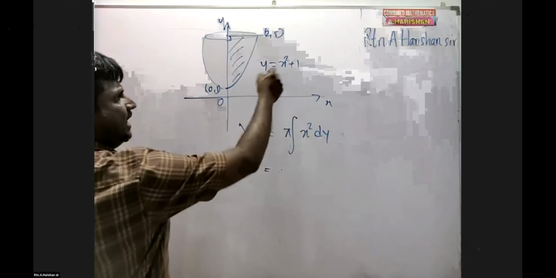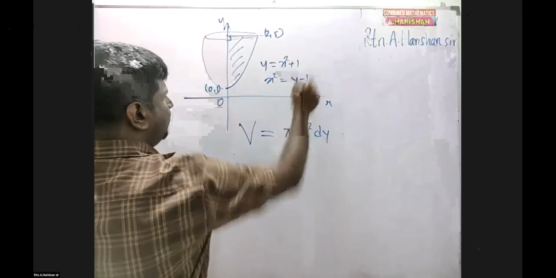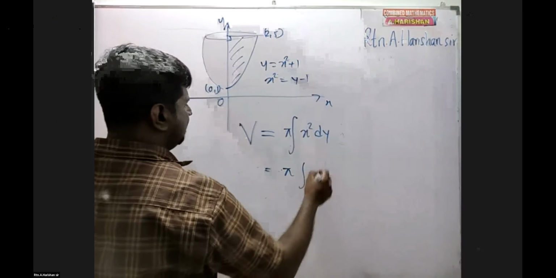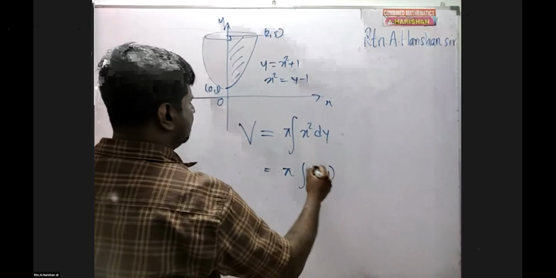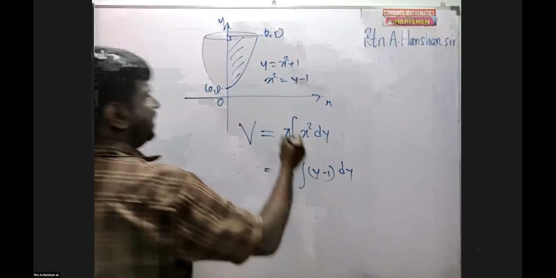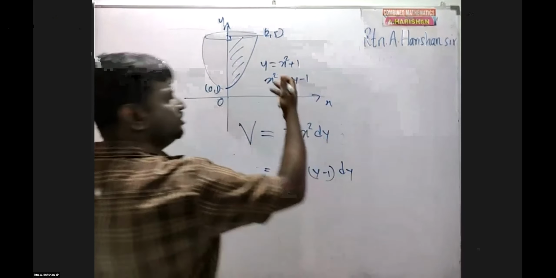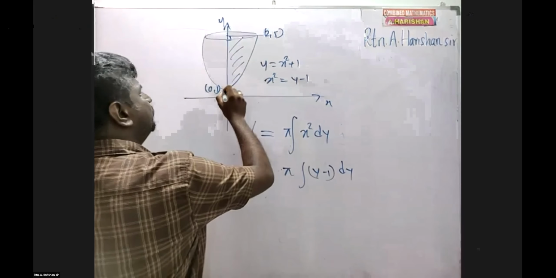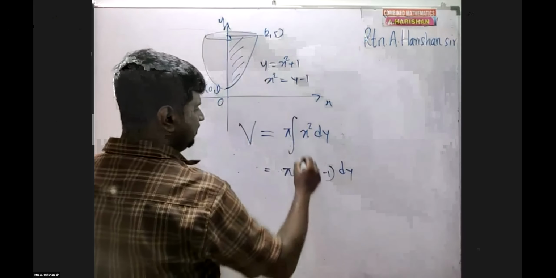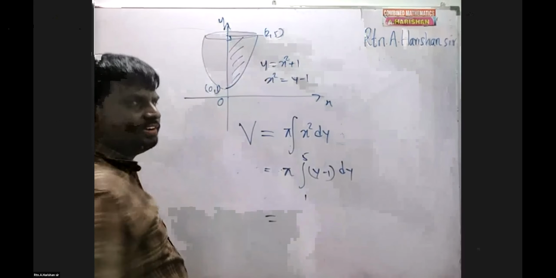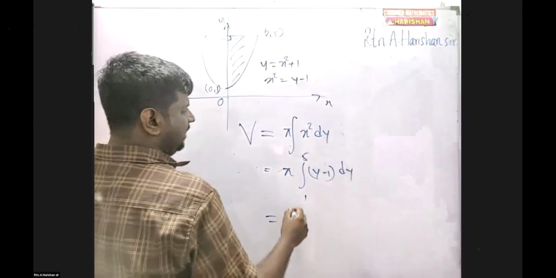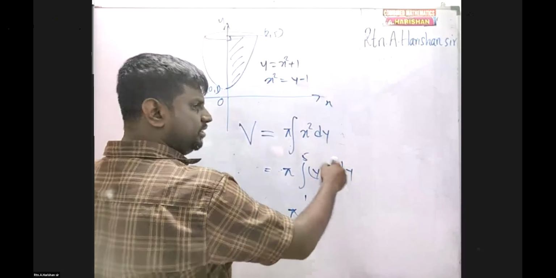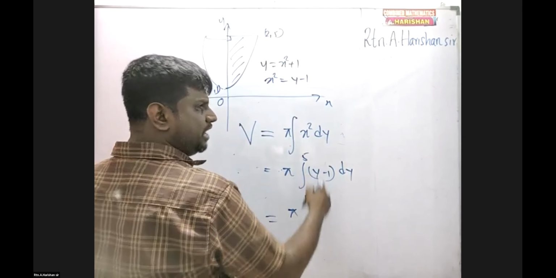So what is x squared? x squared is y minus 1. So we go for y minus 1 dy, and you have to put the limits for y from 1 to 5. So what will be the answer? You can do whole thing squared by 2, or y squared by 2 minus y.